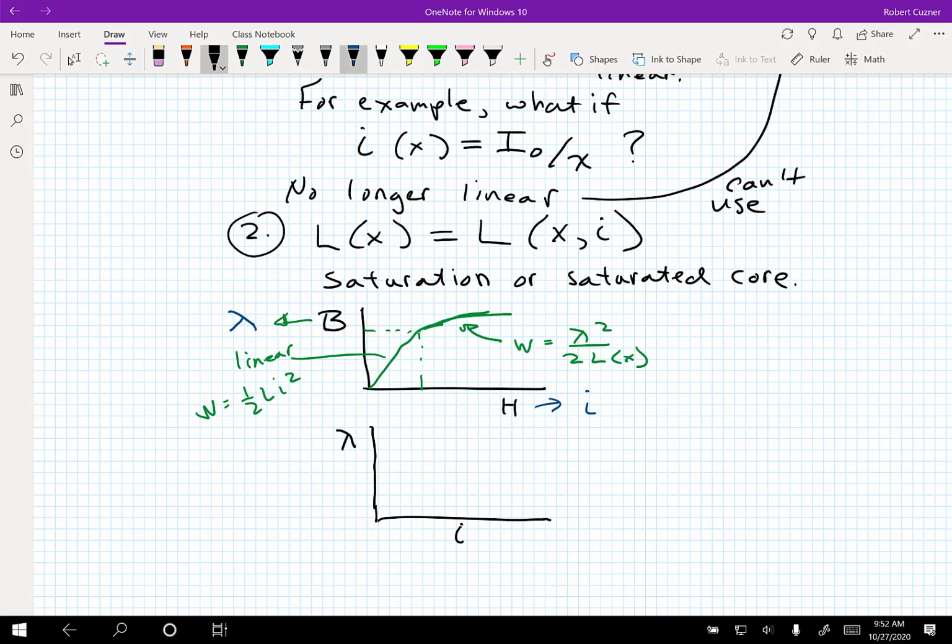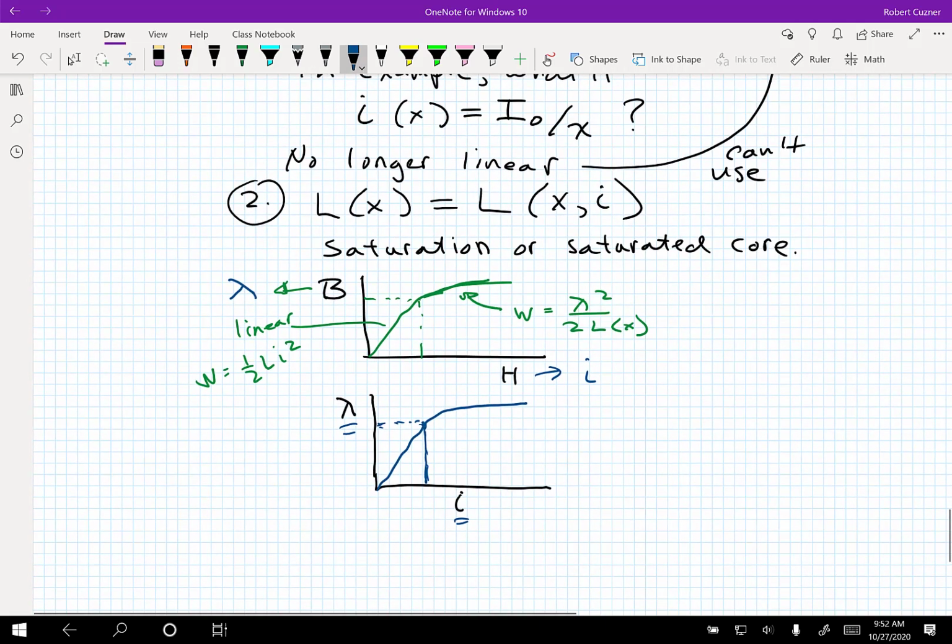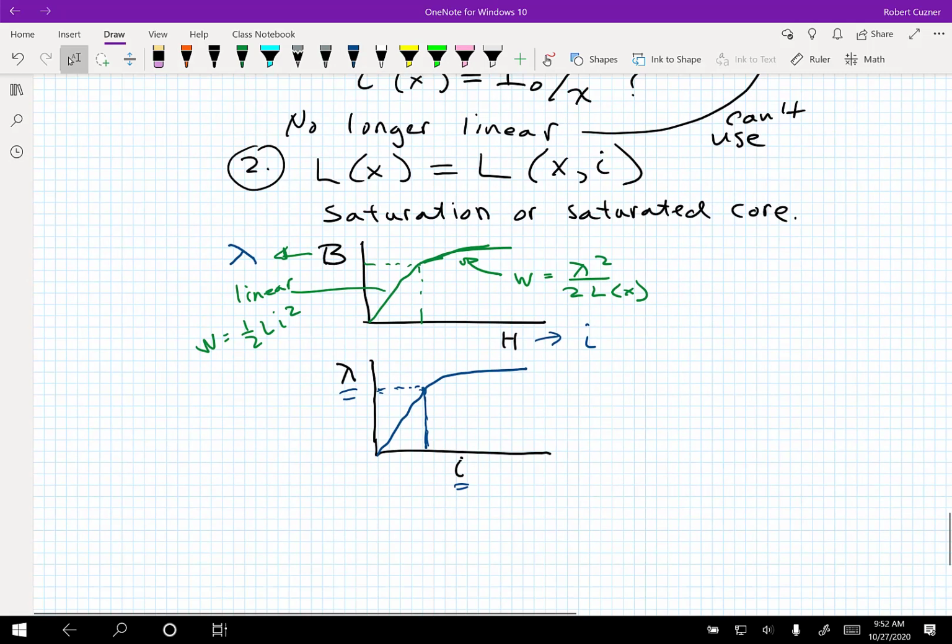So I could write the same thing here. So the lambda I curve. And we're going to come back to this in a moment and introduce a very important principle. But we're really going to be thinking about magnetic systems in terms of lambda I for a while, not BH. Any questions about that?